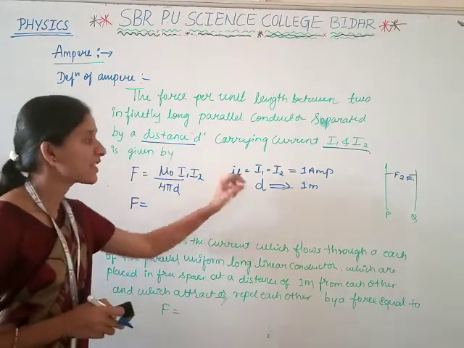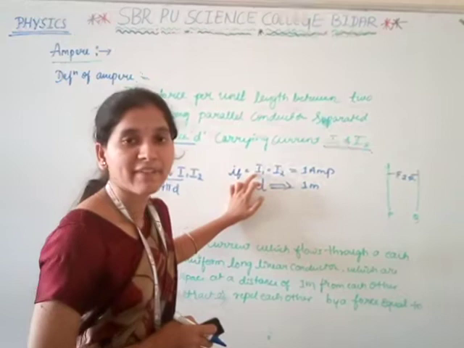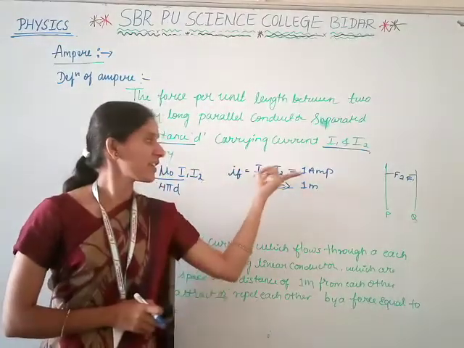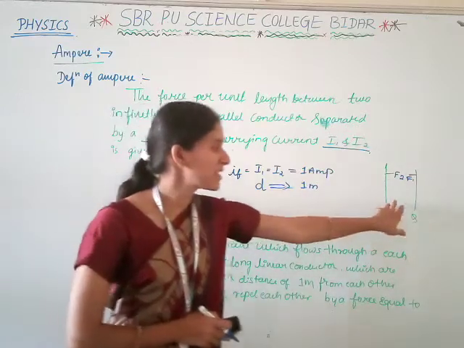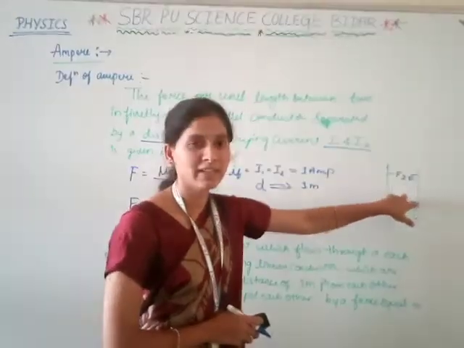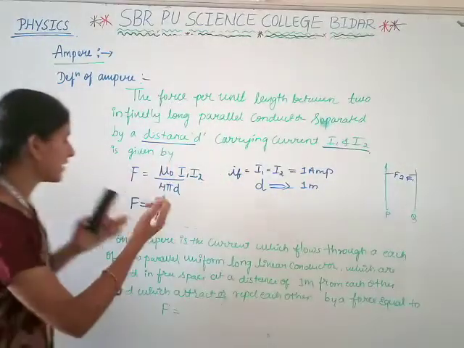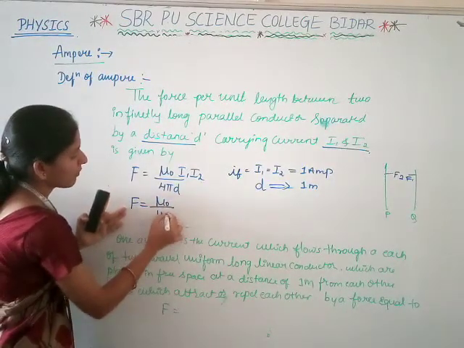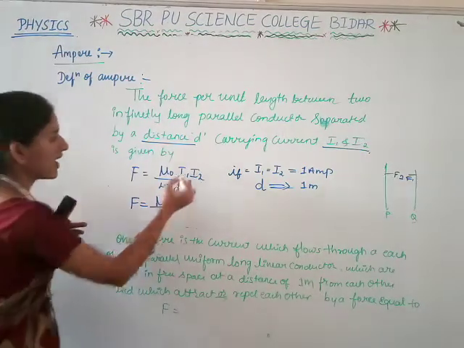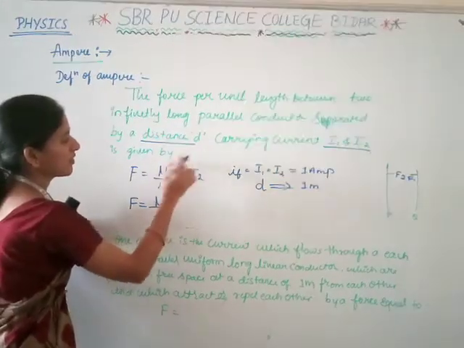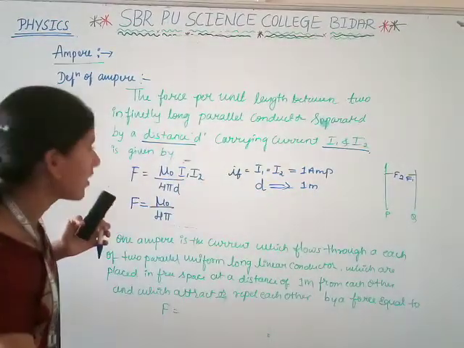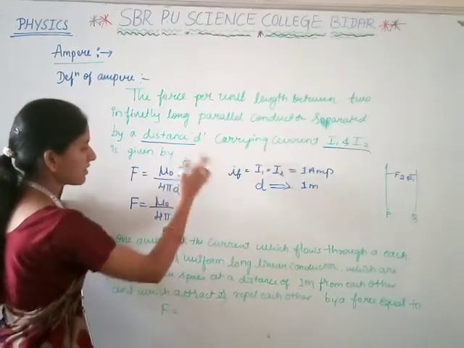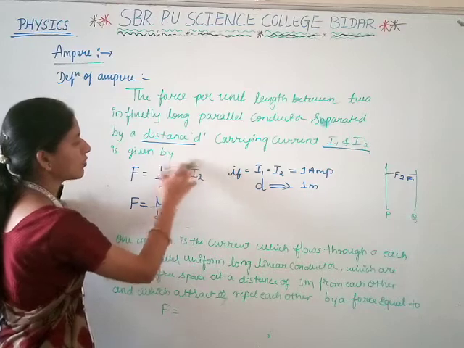If we consider the currents I1 and I2 as 1 ampere and the distance between the two parallel conductors as 1 meter, the equation becomes mu naught divided by 4 pi, with I1 value 1 and I2 value 1, so the product is 1.